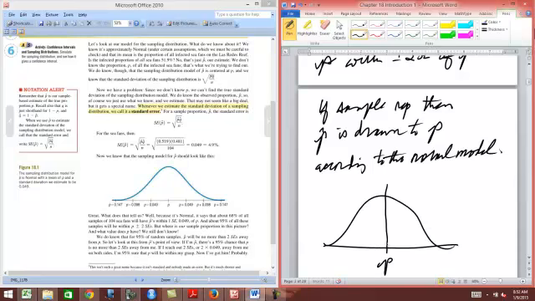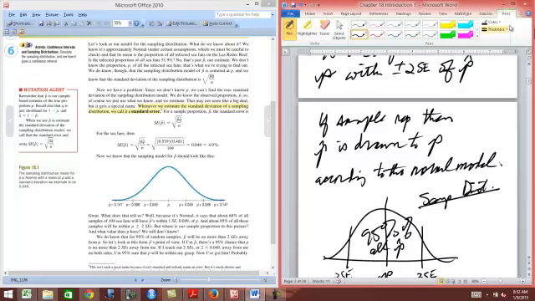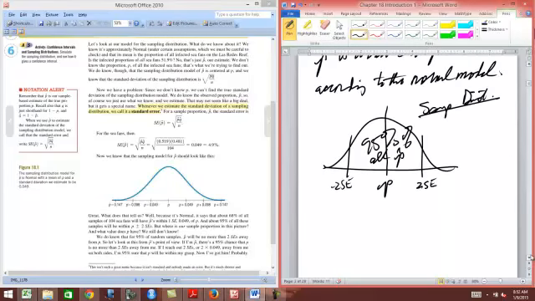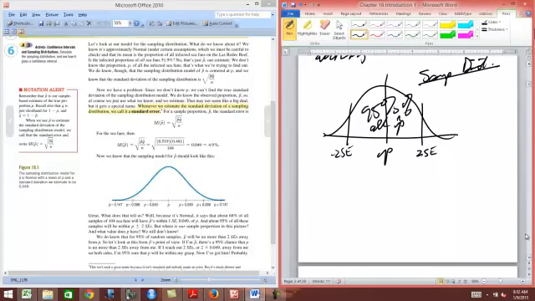So here's p, and here's 2 standard errors, and here's minus 2 standard errors, and here's 95% of all p hats. This is the sampling distribution. So we know that 95% of all p hats are within plus or minus 2 standard errors of p.